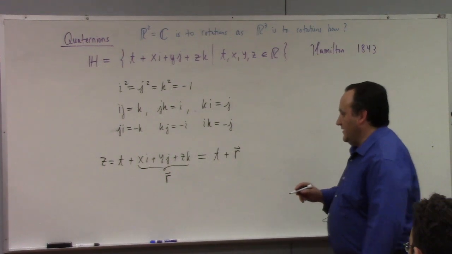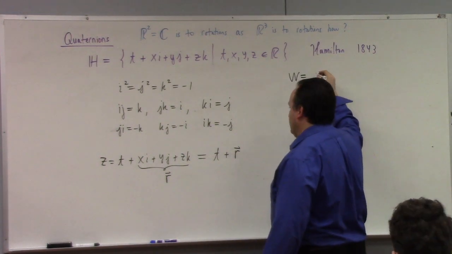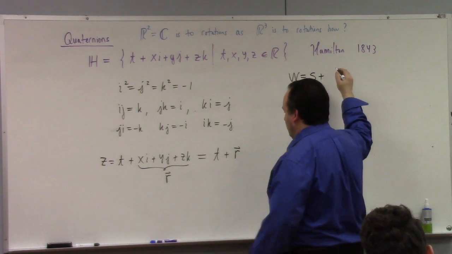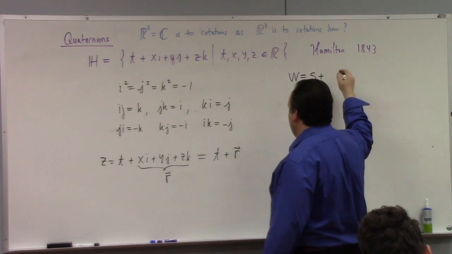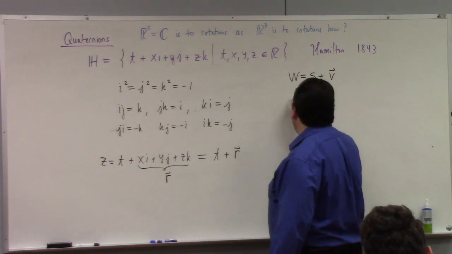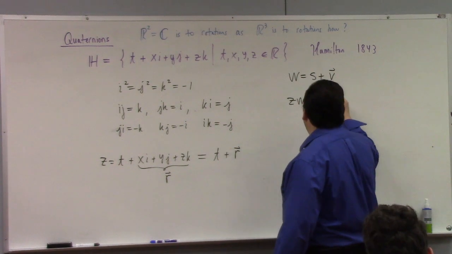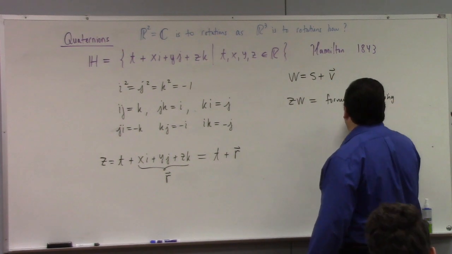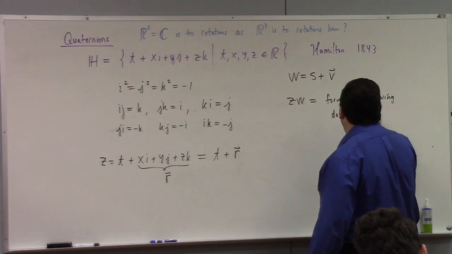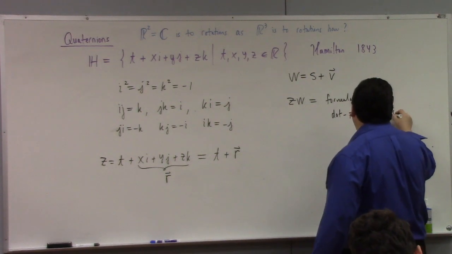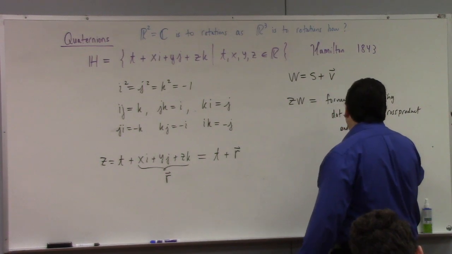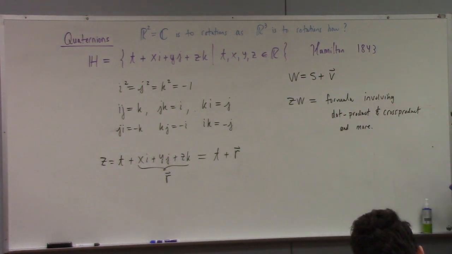It's interesting, and if I have w equal to, let's say, s plus vector, I need another letter, v, then you can calculate zw, and you'll get a formula involving the dot product and cross product and more, involving the s, the t, and the v and the r.